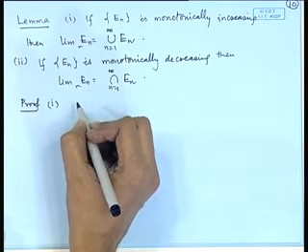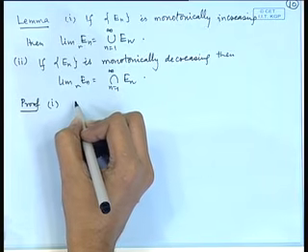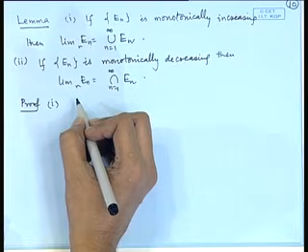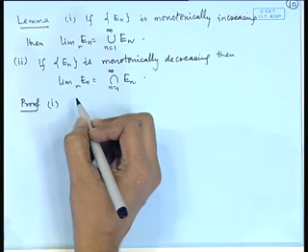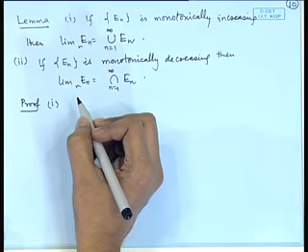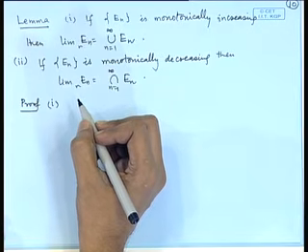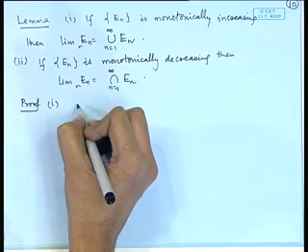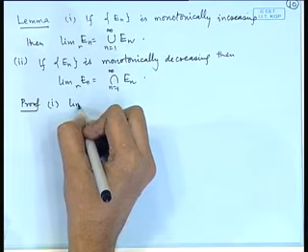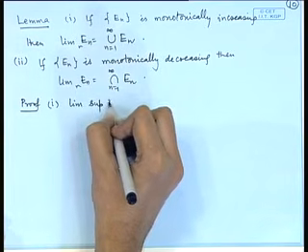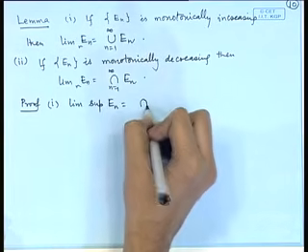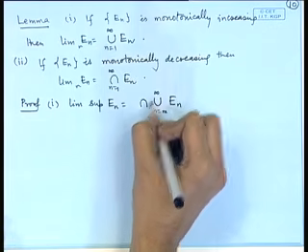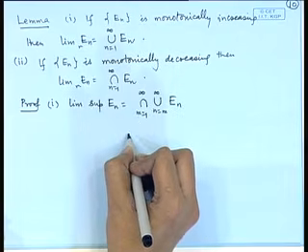To look at the proof, let me prove statement 1 first. If we take E n to be a monotonically increasing sequence of sets, then the union of E n will be the same for all m, and therefore the limit superior will be the same. Let me explain it further. If we consider the limit superior of E n, then it is equal to intersection over m from 1 to infinity of union E n, n is equal to m to infinity.